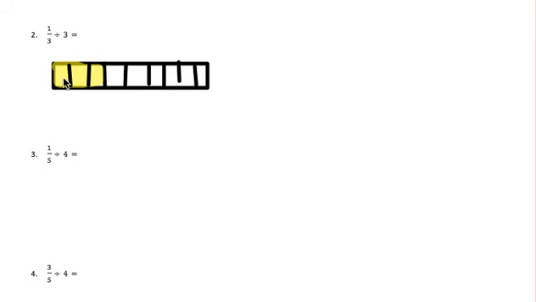We can then see that we have 9 pieces altogether, and the parts that are shaded are 3 of them. But we only want to talk about one piece because that's our numerator. So 1/3 divided by 3 would be 1/9.